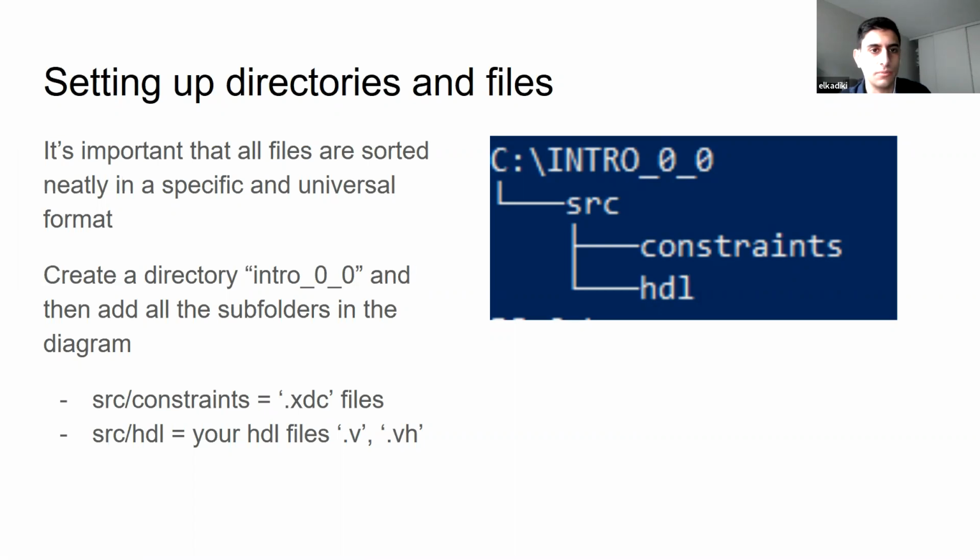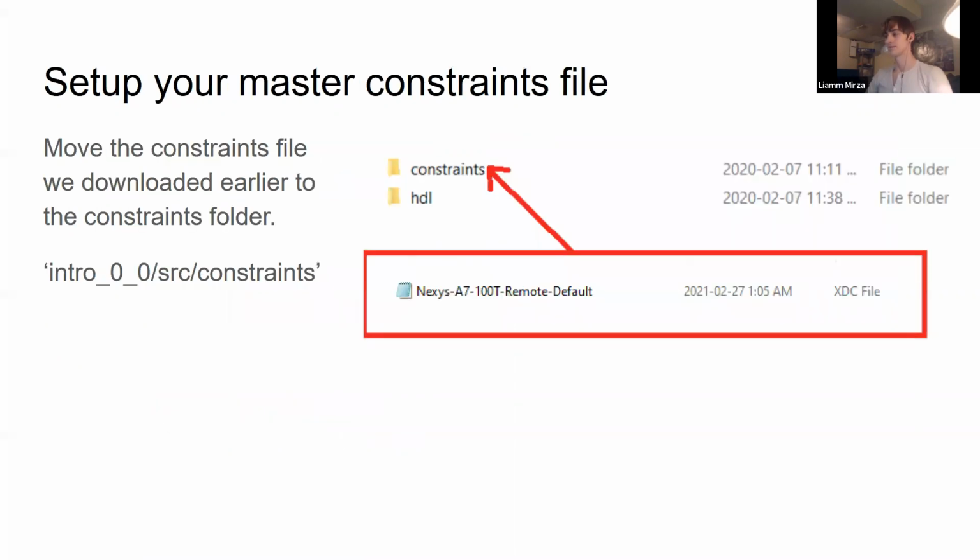Okay, I think everyone's good. All right, we can move on. So you take the file that we linked earlier, and you just toss it into constraints. That will control the assignments to the FPGA between your module code and the actual board itself.